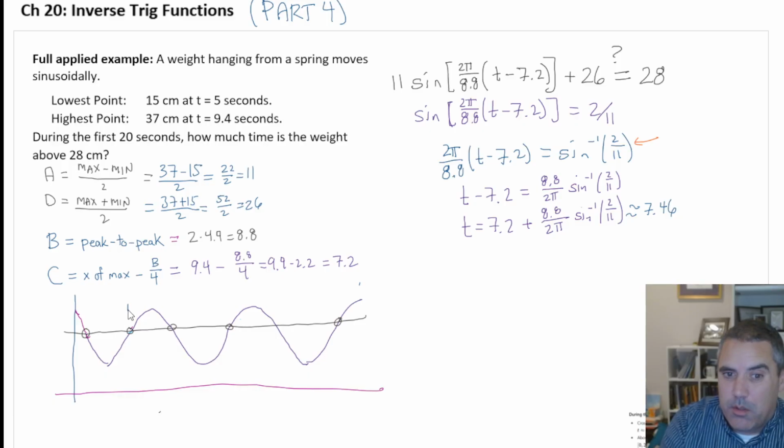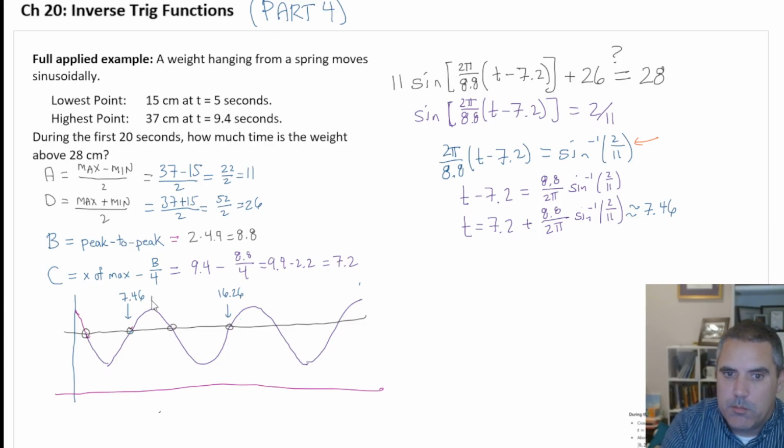The rest of the question becomes reasoning from that value. So for example, you can add 8.8 to get this one. You can add 8.8, and this is like 16.26. You can add 8.8 to get the next one, but that's actually past 20. So you're like, okay, I don't need this.